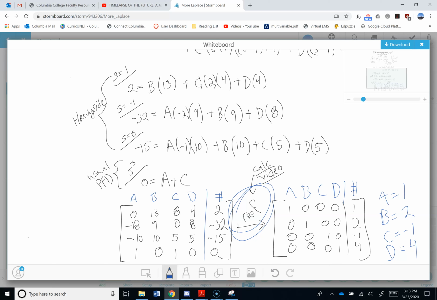The only caveats to using that are that you have to have equations that look like variables on one side, equals in the middle, and numbers on the other side.